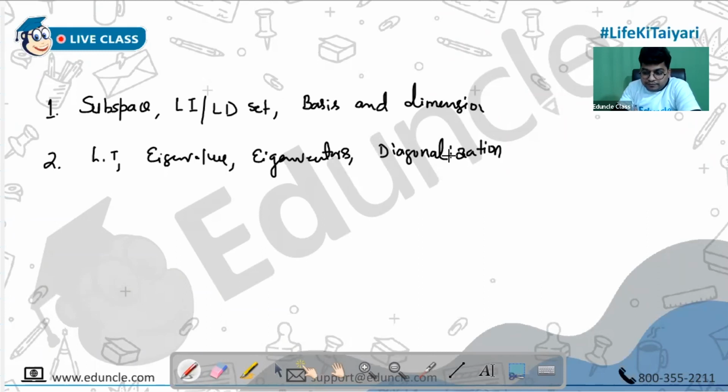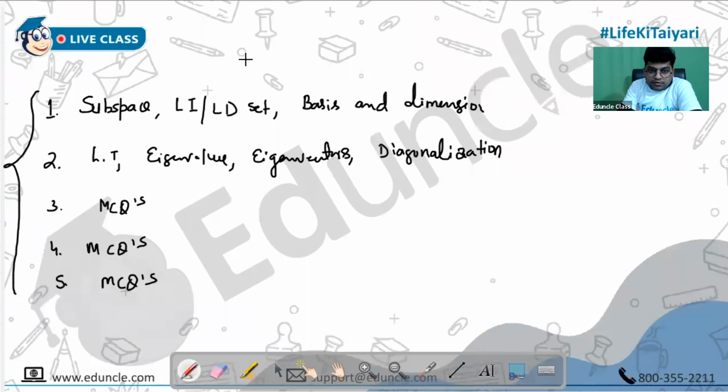Then we will have three sessions: the third is an MCQ session, the fourth is an MCQ session, and the fifth is also MCQs. So this is the 5-day schedule, the linear algebra schedule.